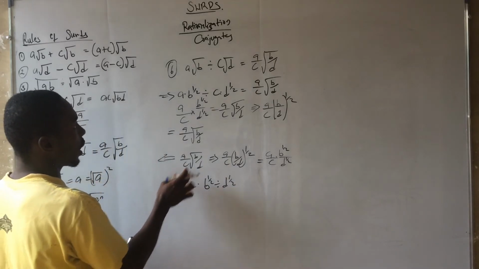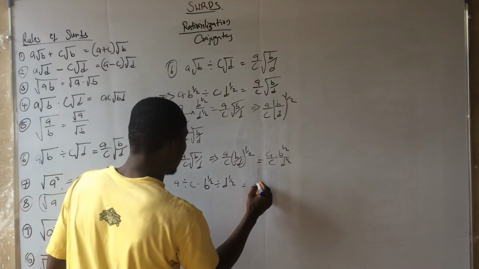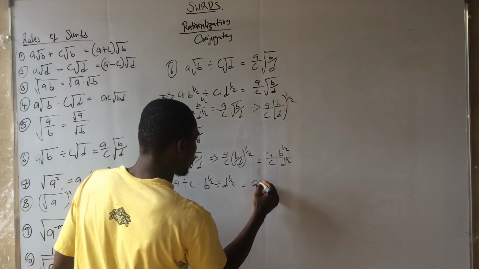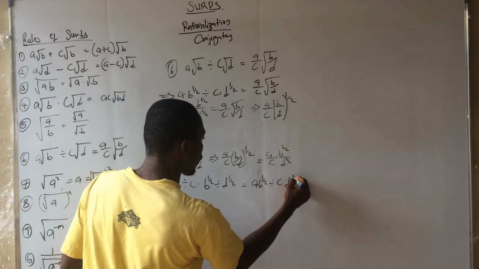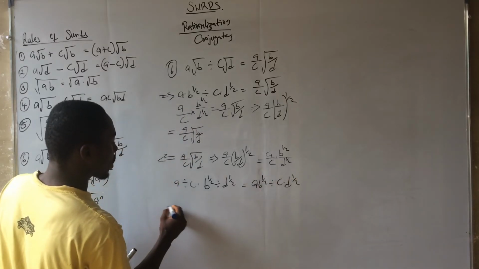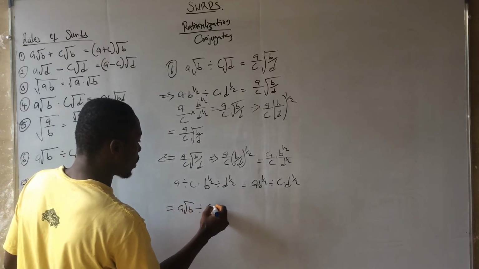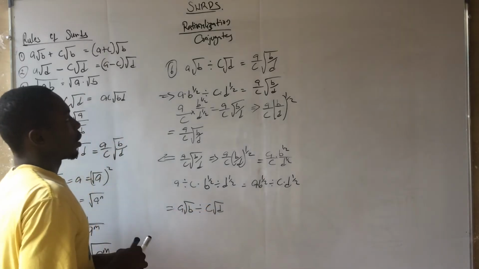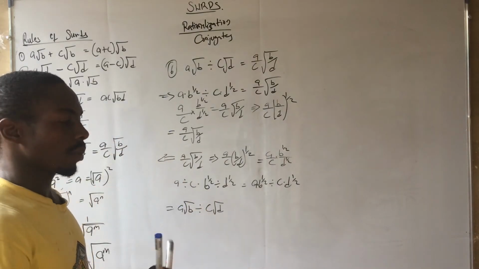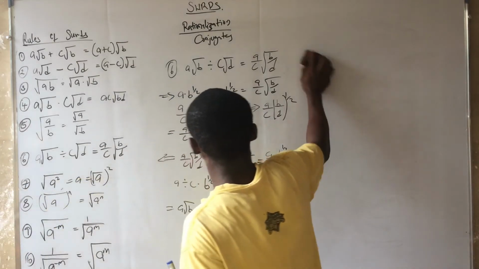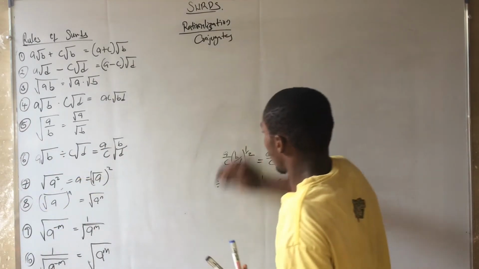Since I want to have a and root b, I'm going to multiply these two together to have a b to the 1 over 2 divided by c d to the 1 over 2. That means I'm going to get a root b divided by c root d. So having come from this side and this side, I proved that they are the same. I'm good to say that they are equal. They are the same thing.